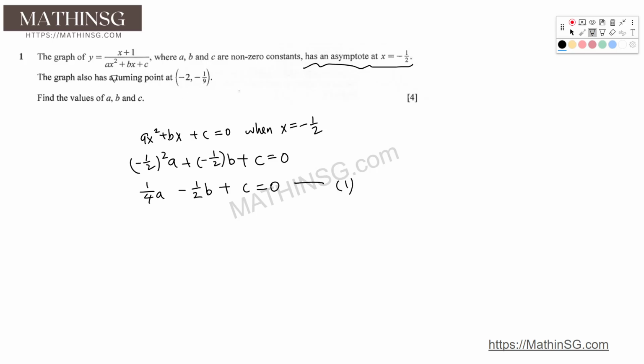Next, the graph also has a turning point at minus 2, minus 1 over 9. So what does this tell me? Because I have this coordinate, when I sub in x equals to minus 2, y is equals to minus 1 over 9. So this is another equation that I can form.